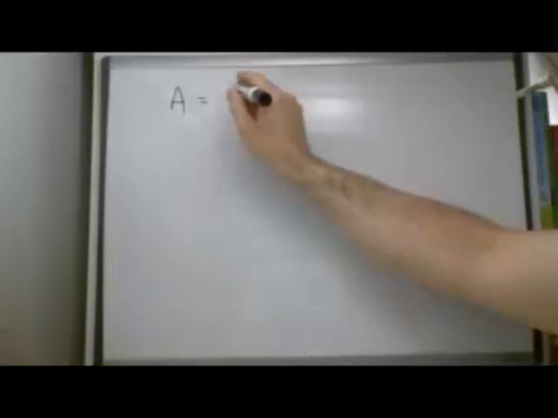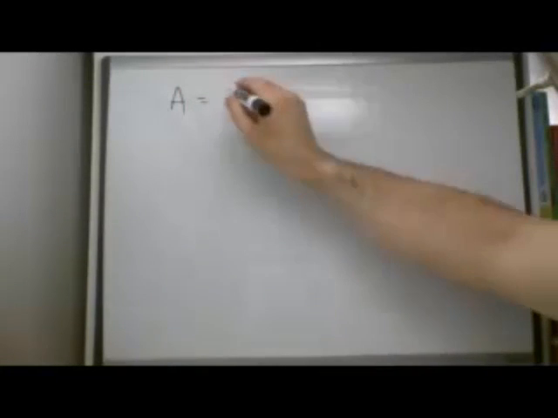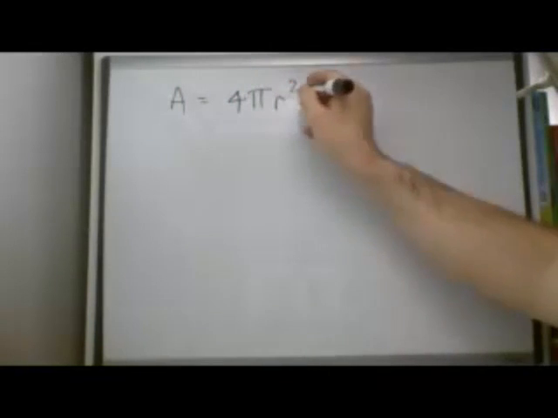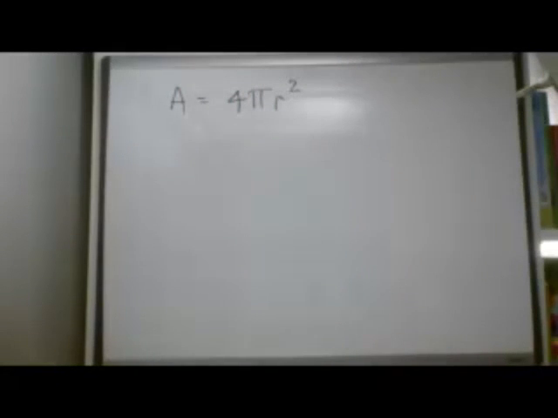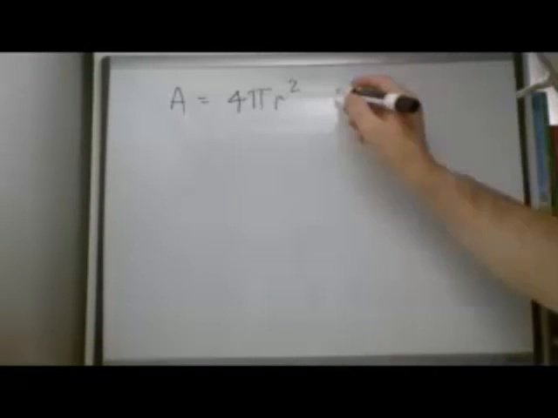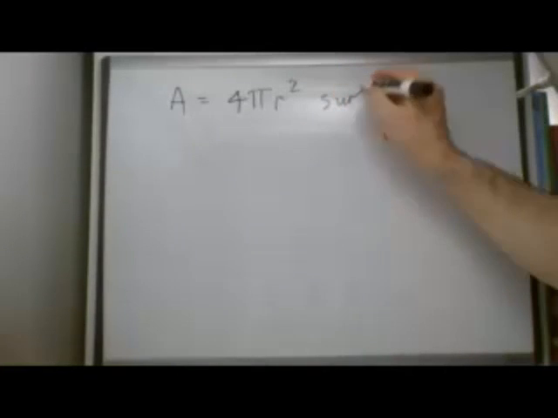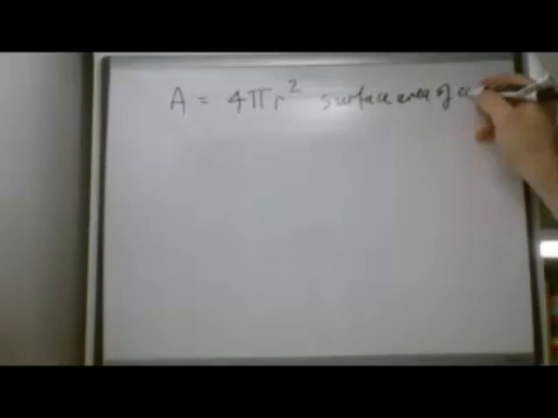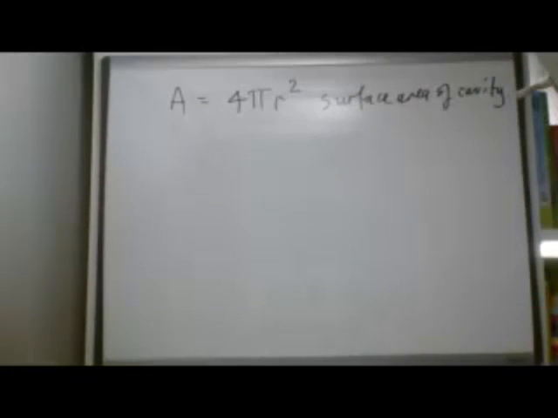Let's say that area that we've just seen, let's call it the area of the cavity, which it is. So it's 4 pi r squared. That's the surface area of our cavity.